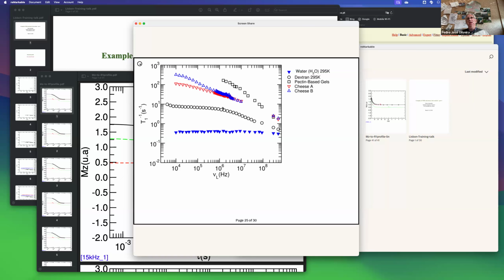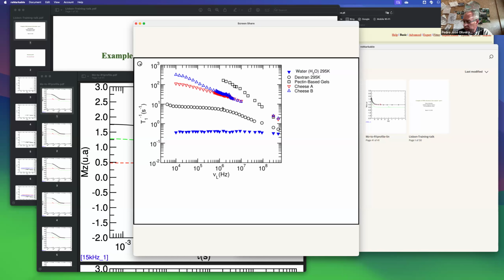Okay, and what about natural products? For instance, cheese. There was a network that Professor Danuta was managing in the last years, and within this network we analyzed a lot of cheeses. I'm showing here two examples.